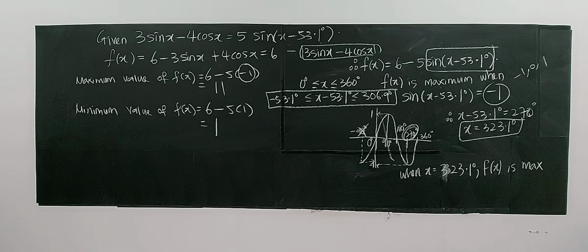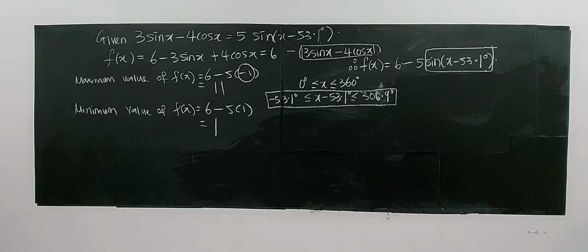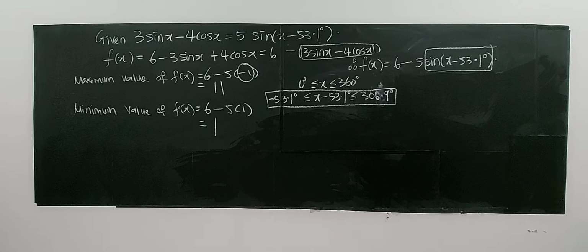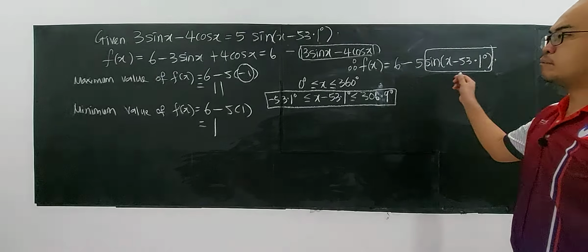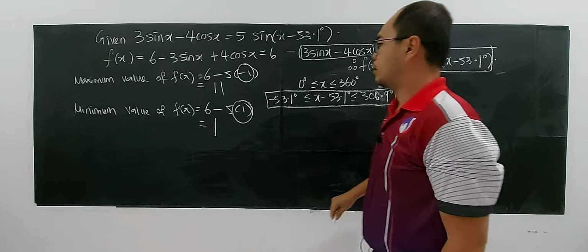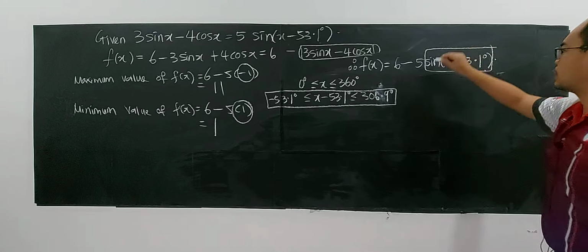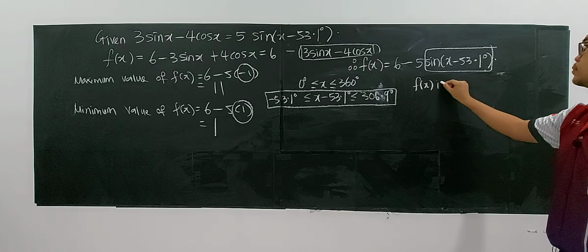So now again, I'm going to find the value of x such that f(x) becomes minimum. Let's continue. Find the value of x such that f(x) is minimum. It means you're getting the value of 1 here. So when this thing becomes 1, f(x) is minimum.